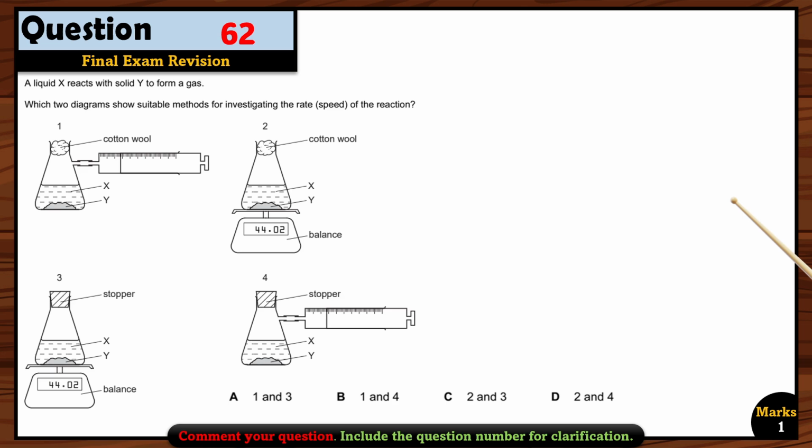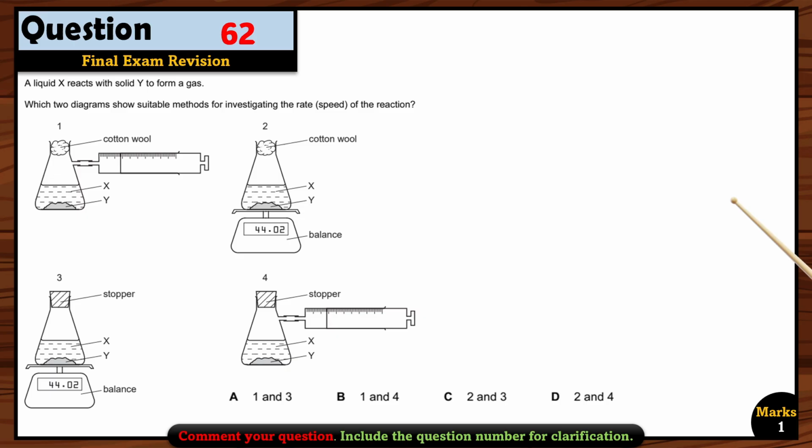Okay, so how can you measure the rate of reaction? Either you can measure how much time it has taken to make a new product, or how much time it has taken to consume all the reactants. So there are two options. You can either measure the reactants that are consumed, or you can measure how much time has been taken to make a new product. Okay, it depends on the situation.